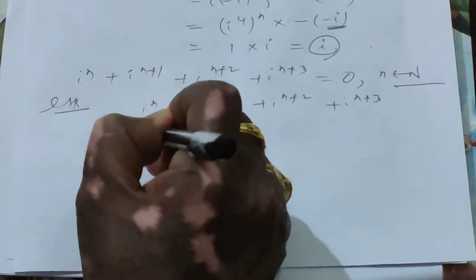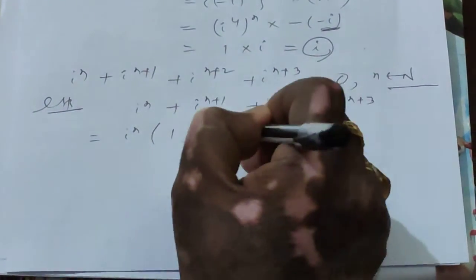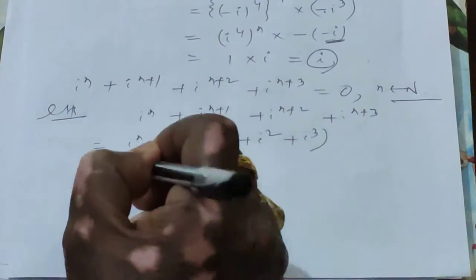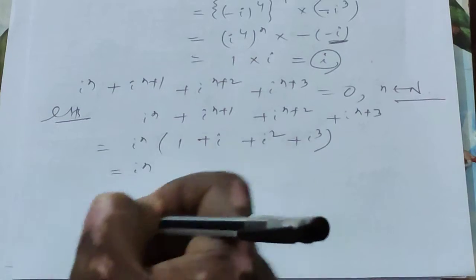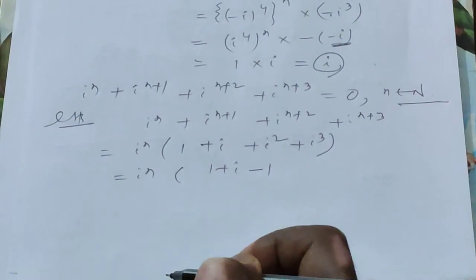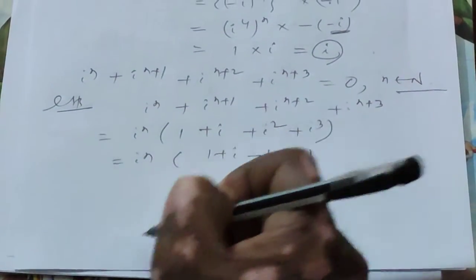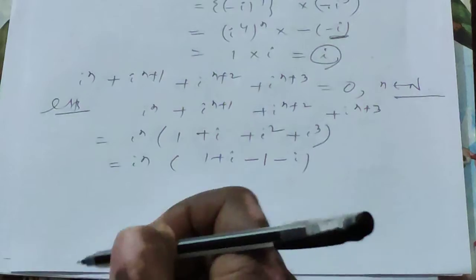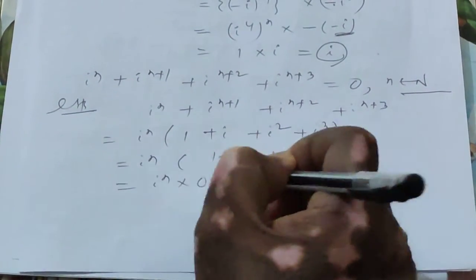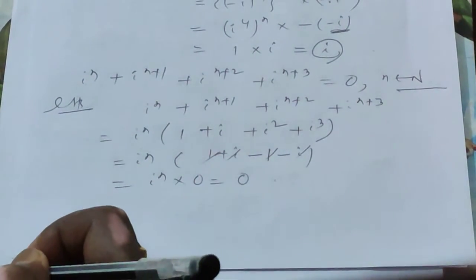We can write i to the power n common: 1 plus i plus i square plus i cube. i to the power n whole into 1 plus i, i square is minus 1, i cube is minus i. Then i to the power n into 0 equals 0.